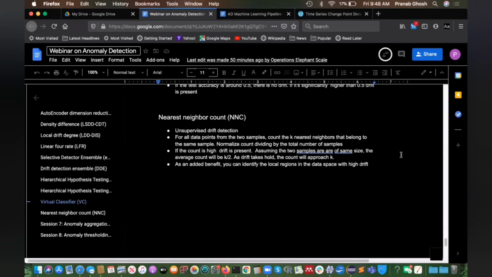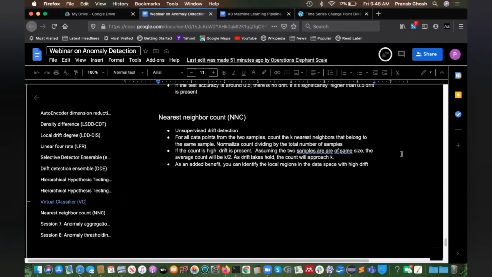If the two data sets come from the same distribution, on average that number will be half of k. But if the two samples come from very different distributions, then that count will be large. And that's how it detects drift.